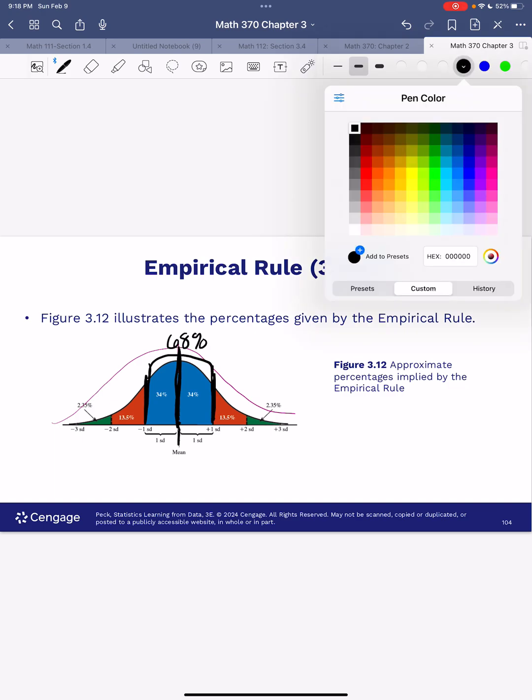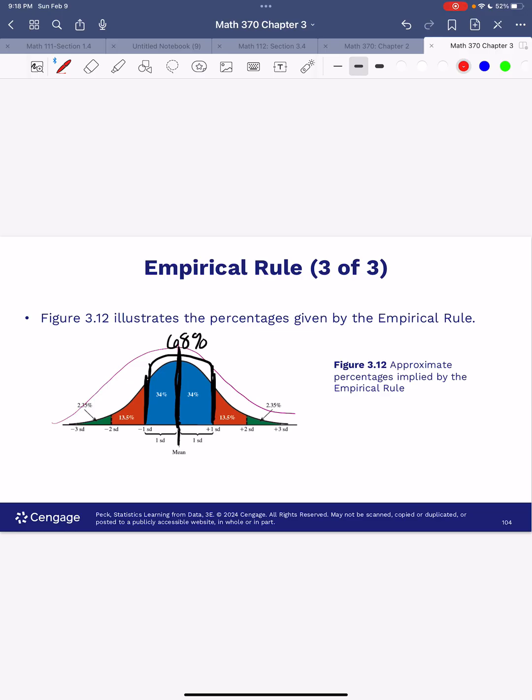Now let's look at where we add an additional 13.5% on both sides. So if I add 13.5 to the 34% on the right, as well as 13.5% to the 34% on the left, I'm adding an additional 27%. So 27 and 68 is going to be 95%.